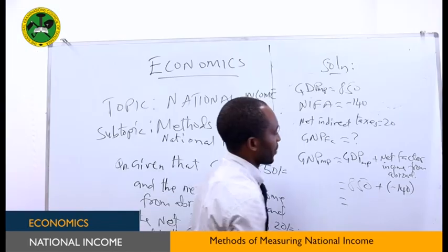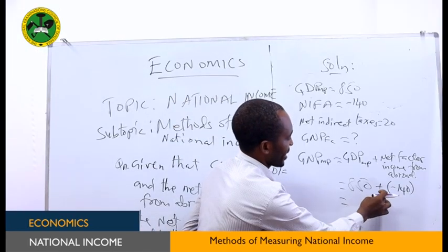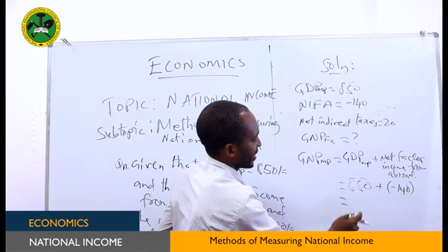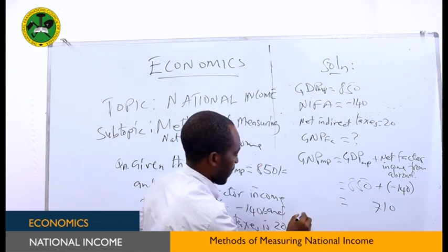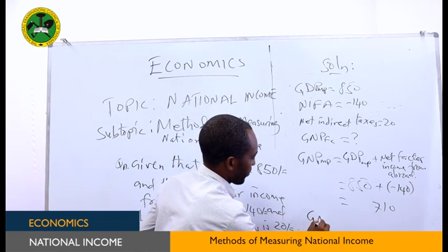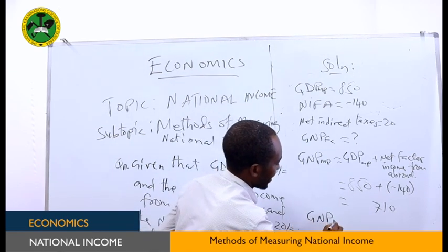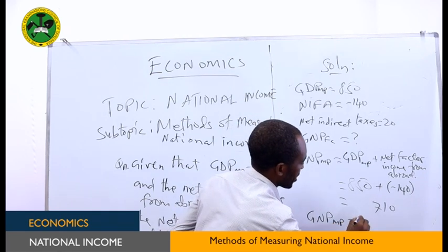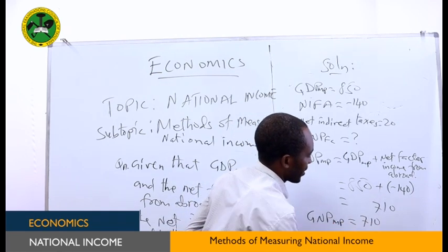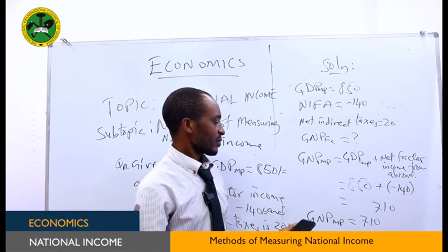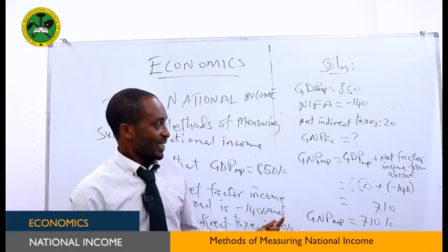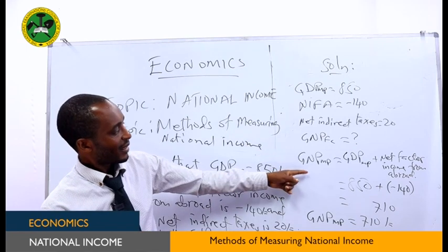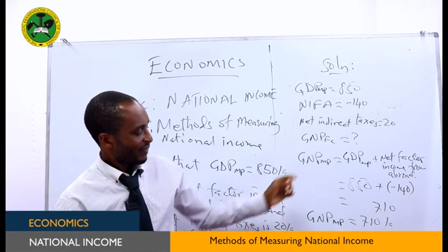So when you add here, since it's negative, you subtract it, so it will be 710. So the GNP at market price would be 710 shillings. But we are asked to calculate the GNP at factor cost.